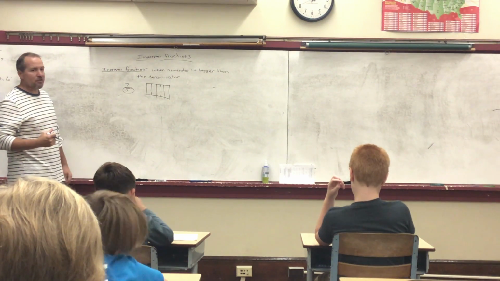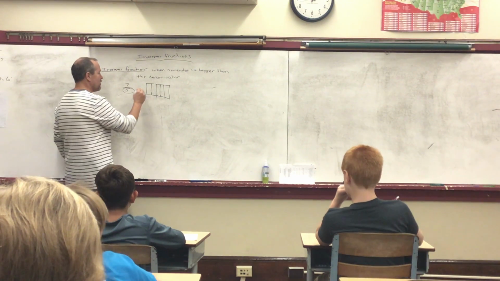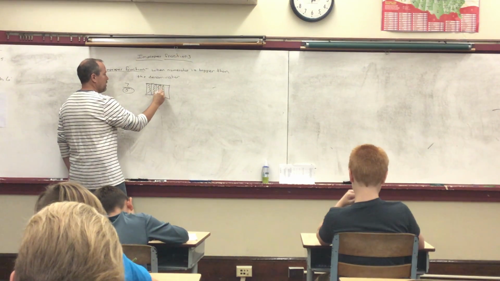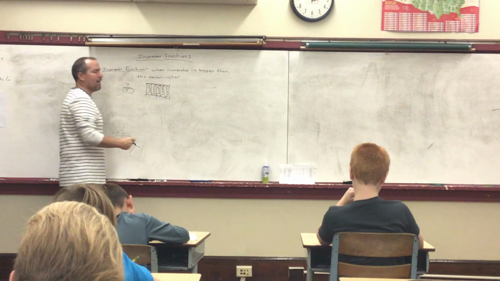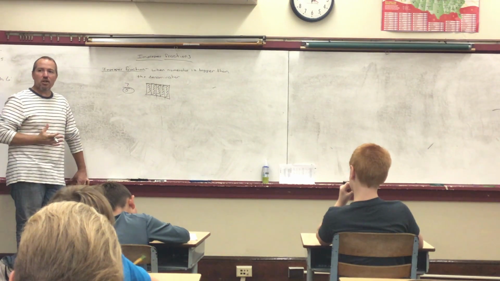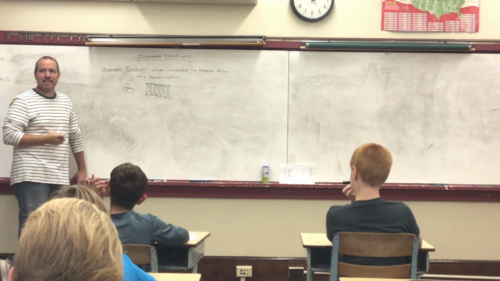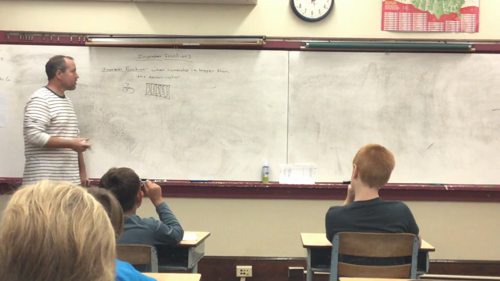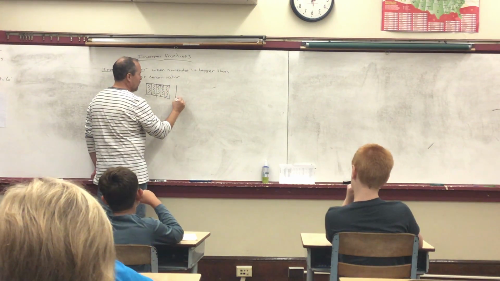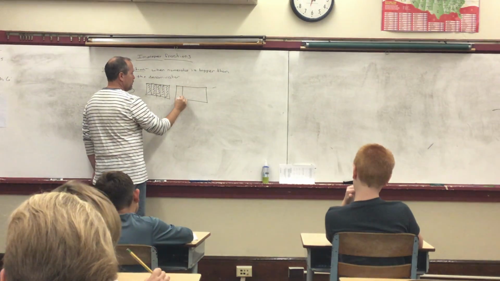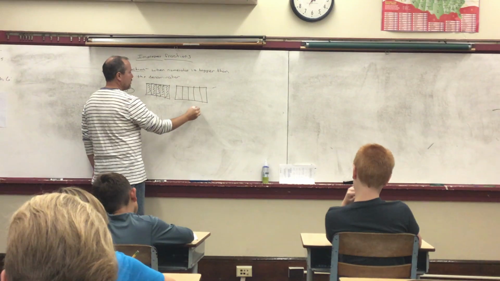So our numerator says 7. So that means we need to color in 7 sections. So 1, 2, 3, 4, 5. If our whole one's only broken into 5 sections, you can't color in 7 sections, right? So then, in that situation, you would have another whole one broken into 5 sections. 1, 2, 3, 4, and 5.